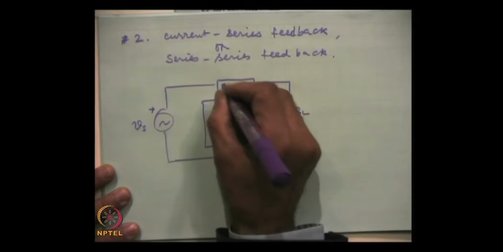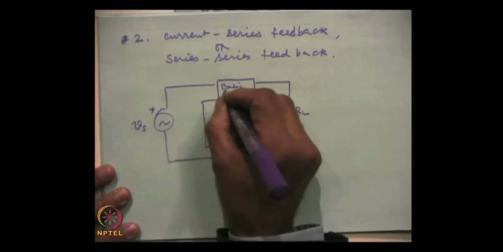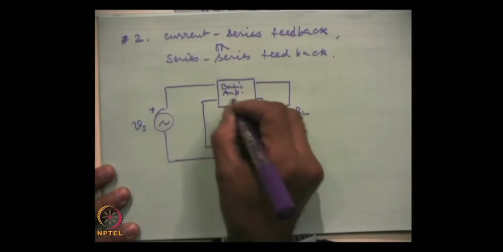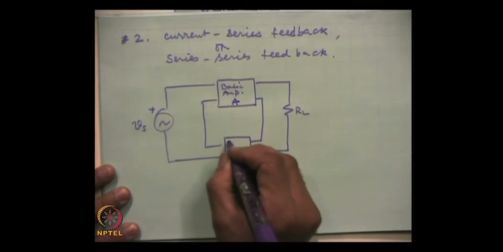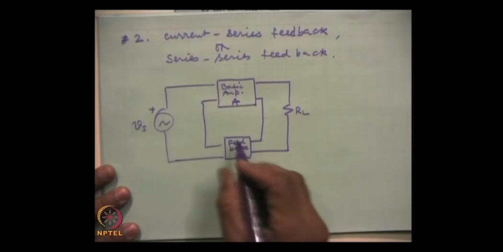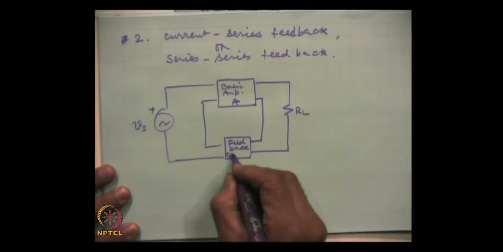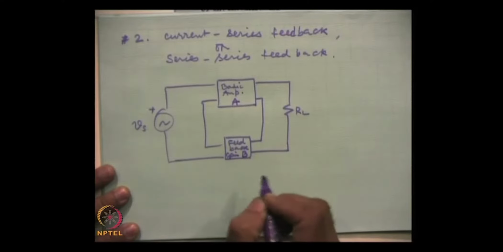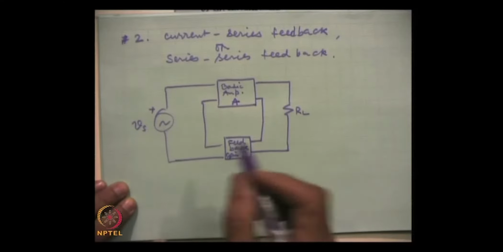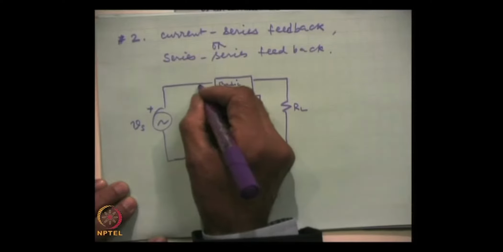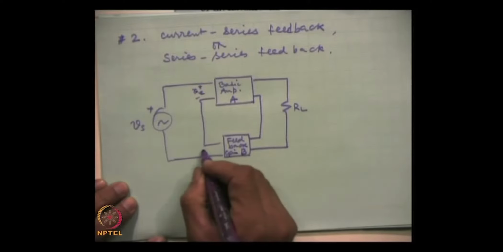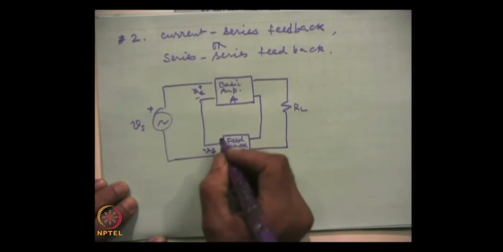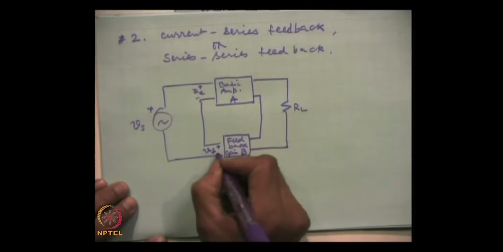this is the basic amplifier with gain A. This is the feedback network, and here the gain is B. Now, this is the error signal V E, and this is V F with polarity plus minus.